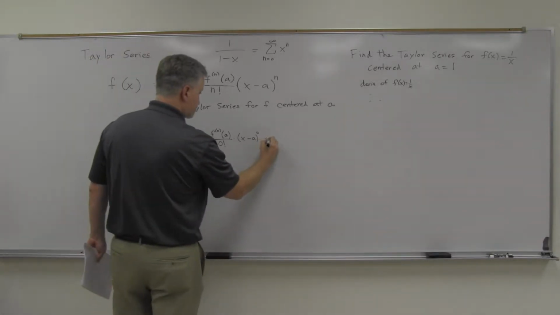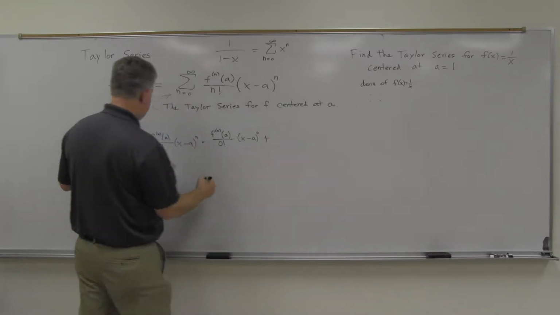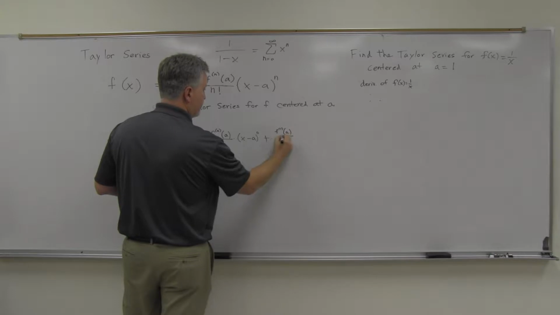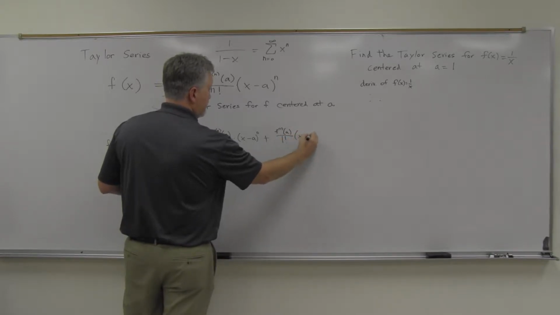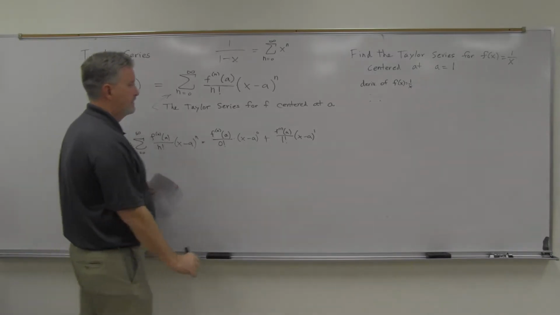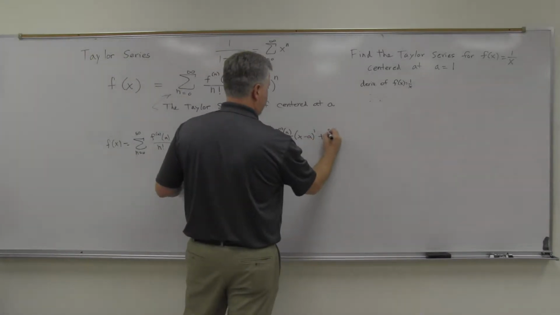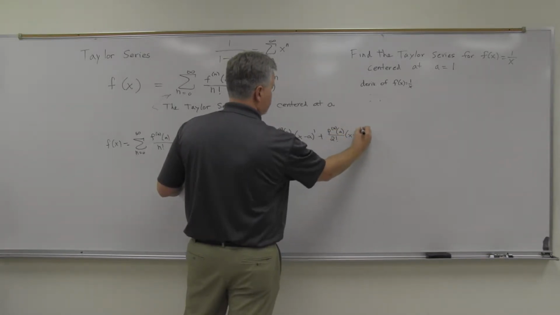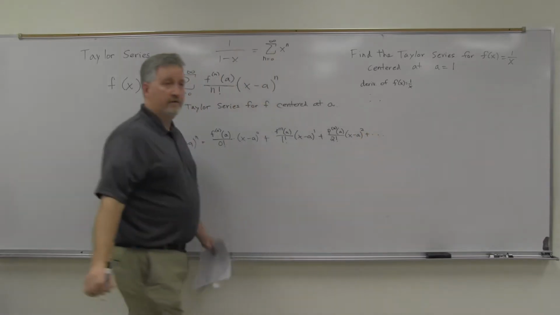Then the second term would be n equals 1, so f parentheses 1 at a over 1 factorial times x minus a to the 1. And then the next one would be f parentheses 2 at a over 2 factorial times x minus a squared. On and on we could go.